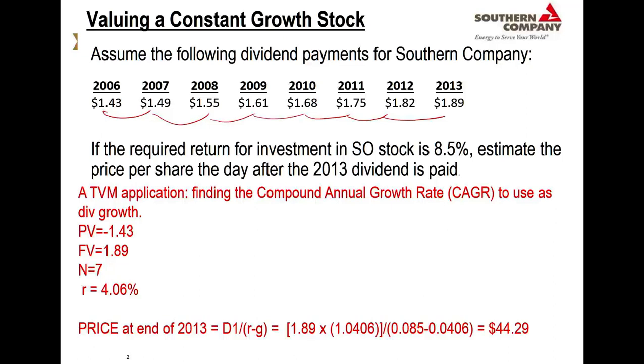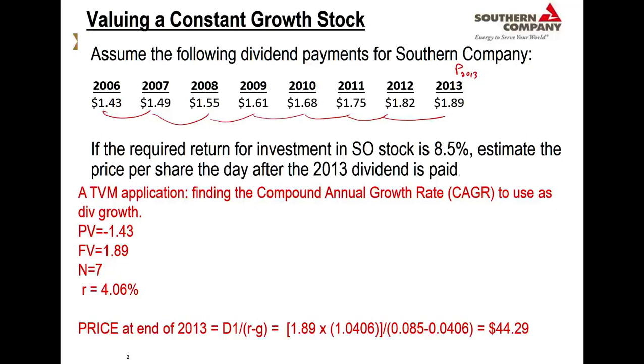Notice that if you look at how much each dividend has grown in a particular year, the G is not constant. Now, what if we want to find the price of the stock at the end of 2013? So we need the price of the stock right here.